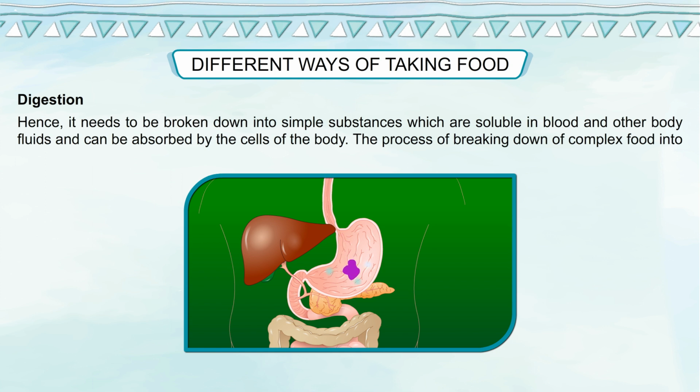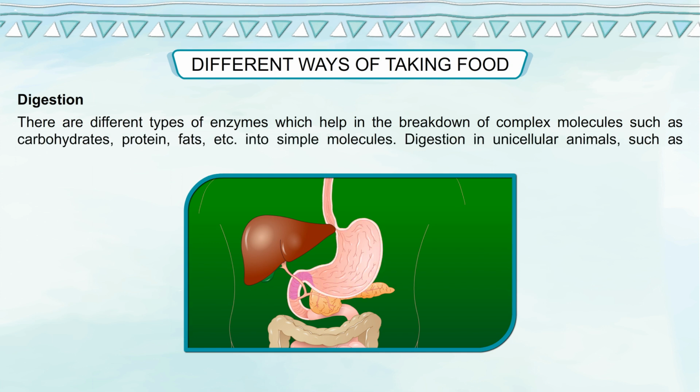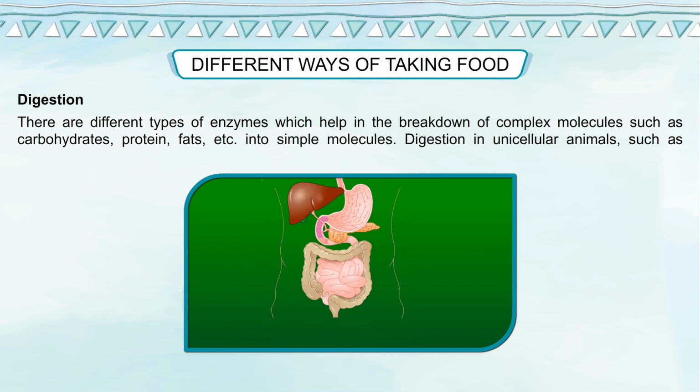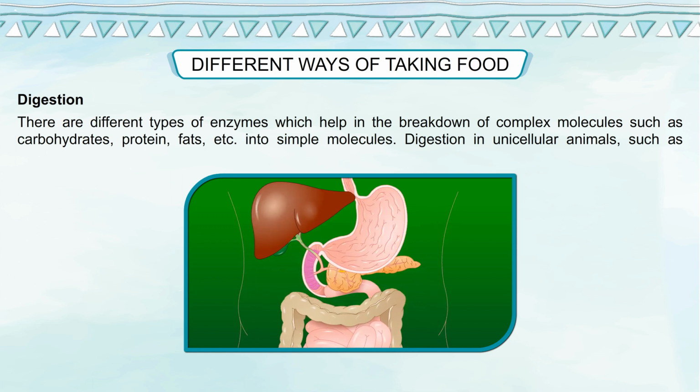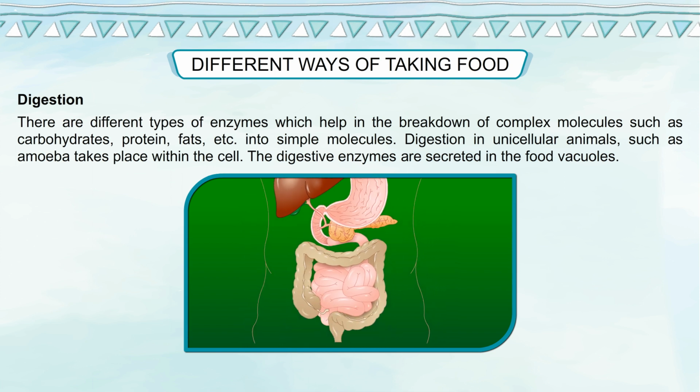The process of breaking down of complex food into simpler substances is known as digestion. There are different types of enzymes which help in the breakdown of complex molecules such as carbohydrates, protein, fats, etc. into simple molecules. Digestion in unicellular animals such as amoeba takes place within the cell. The digestive enzymes are secreted in the food vacuoles.